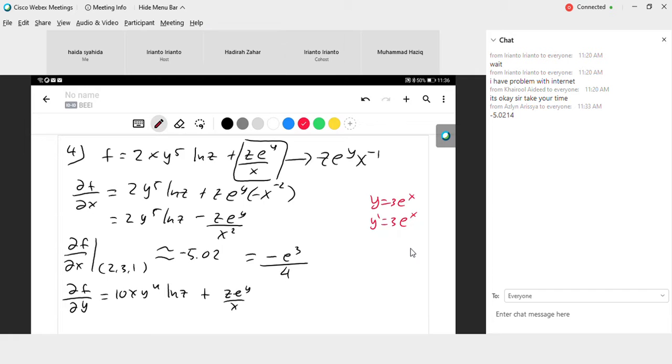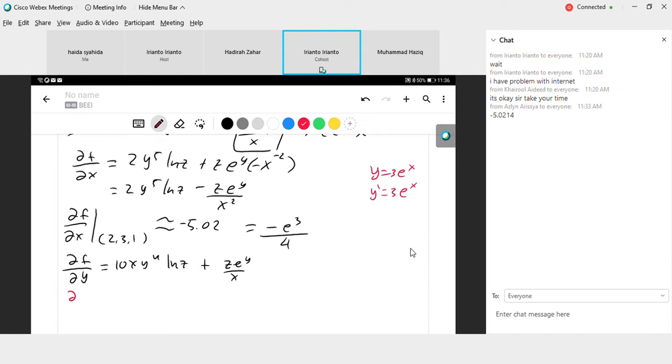Okay. Now give me again the partial derivative of f with respect to y, this time at 2, 3, 1. What will the answer be? I think I see this one: negative e cubed over 2.